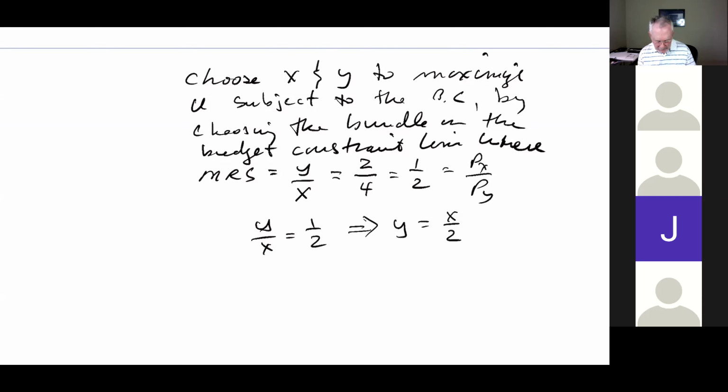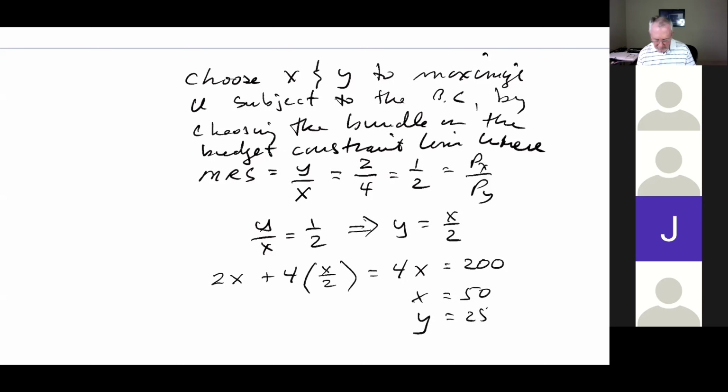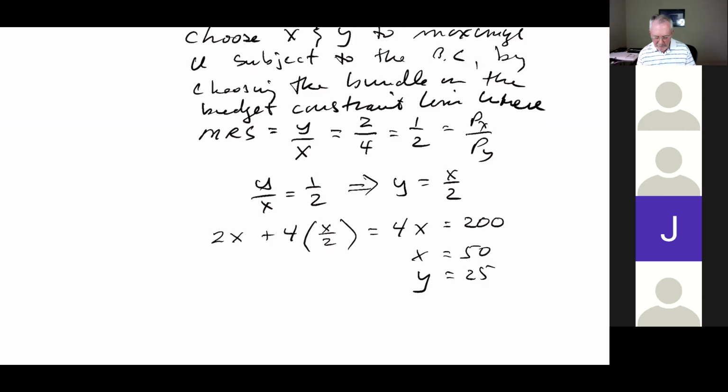Now I go back to my budget constraint. We pay 2 for each X and 4 for each Y, but Y has to be equal to X over 2. So I've got my budget constraint reduced to an equation in one unknown, 4X, and this must be equal to the consumer's income. So X will be 50 and Y will be 25, because it's half of 50.